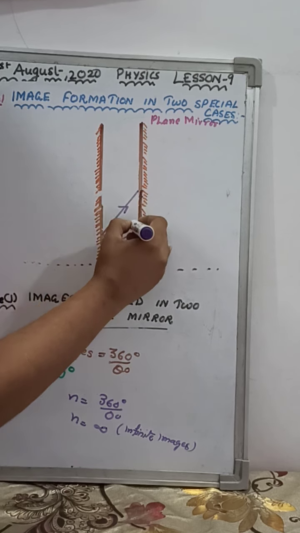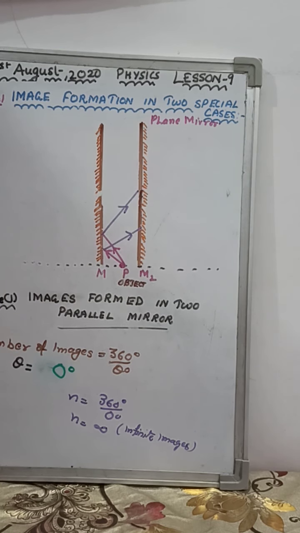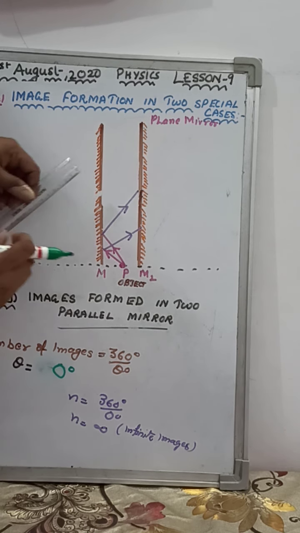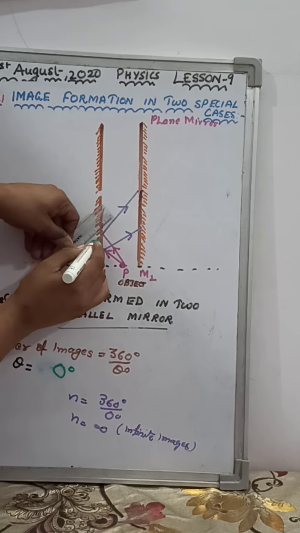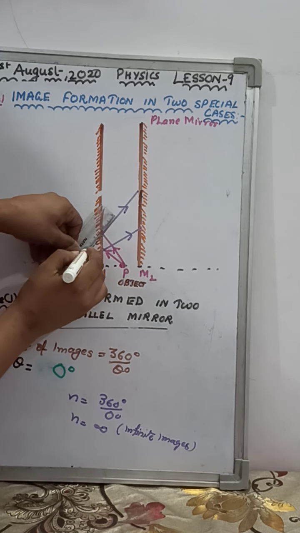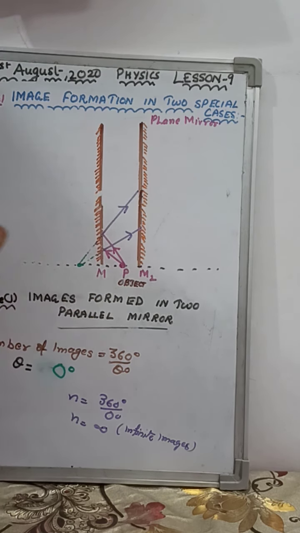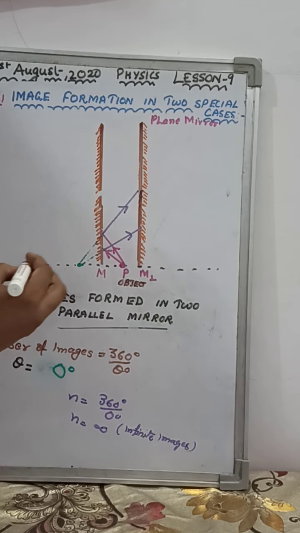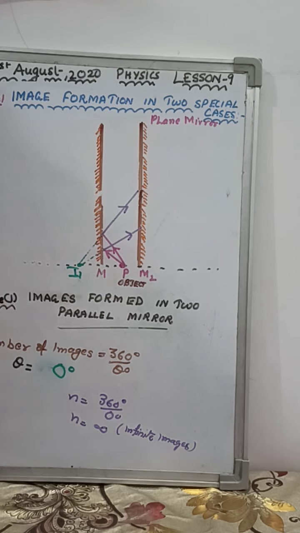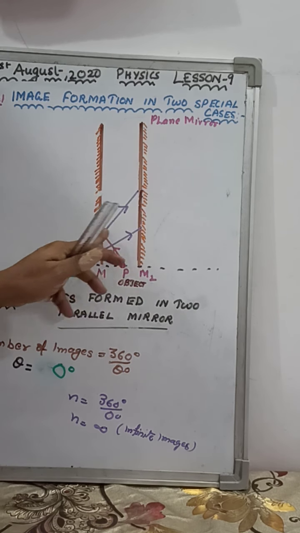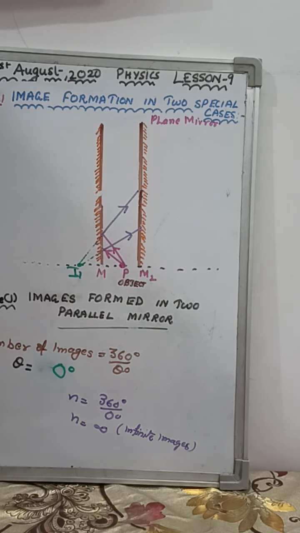These reflected rays will not meet; they are diverging. If you produce them behind the mirror, they appear to meet somewhere here behind the mirror. This is I1, the virtual image. The rays are not actually meeting, they only appear to meet.